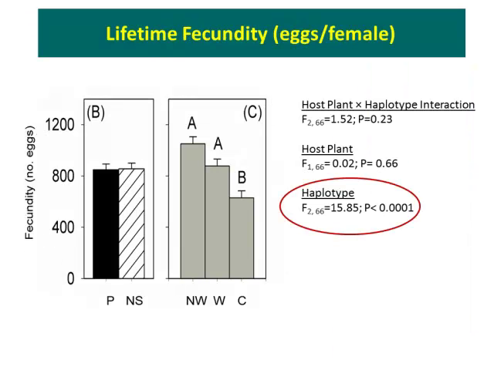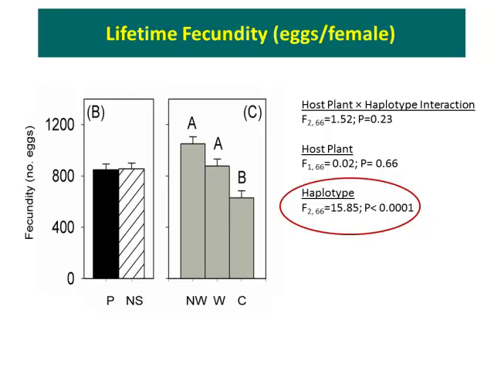So here are the results of the lifetime fecundity, that is, the average total number of eggs per female. As you see in the first panel, the lifetime fecundity was more than 800 eggs on both hosts, the nightshade and the potato.